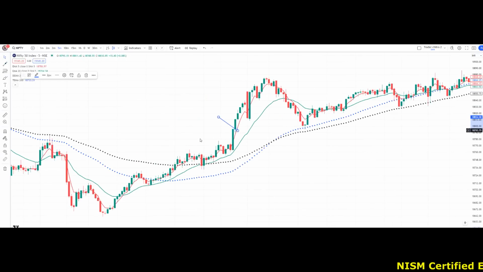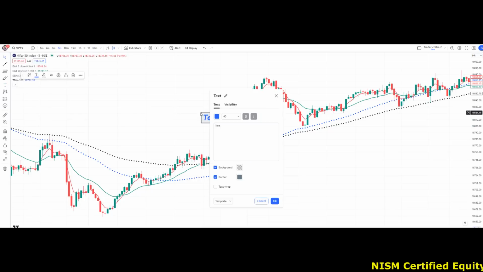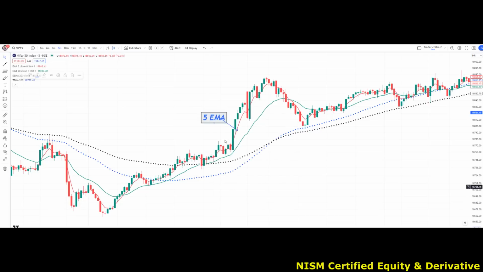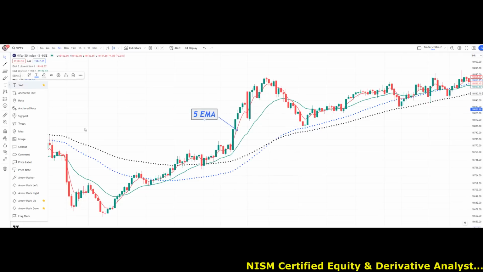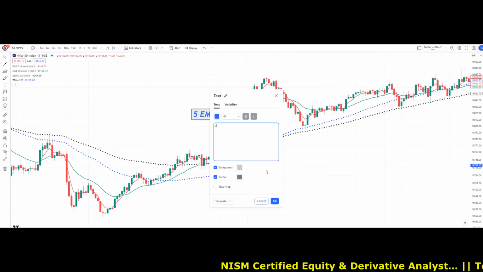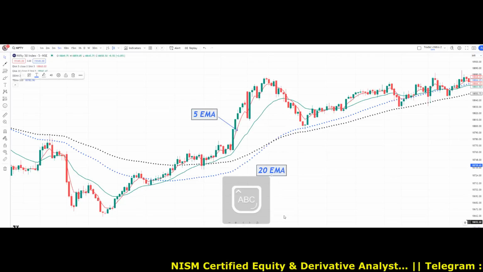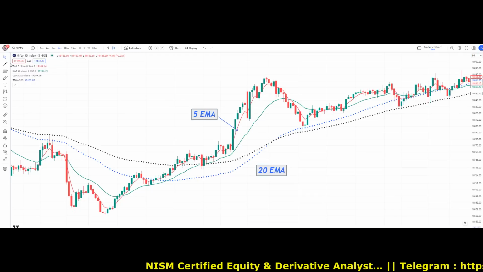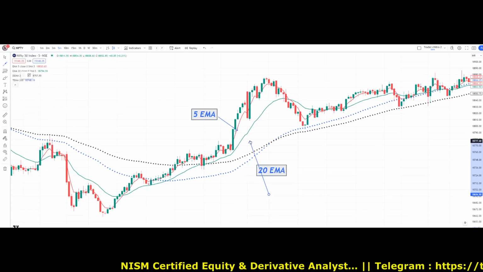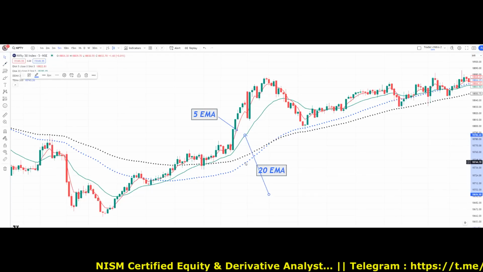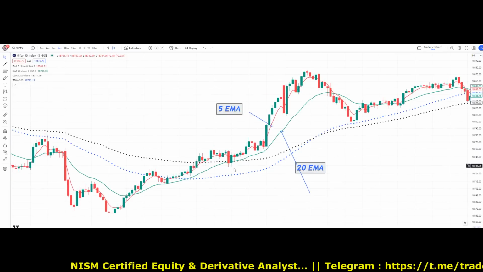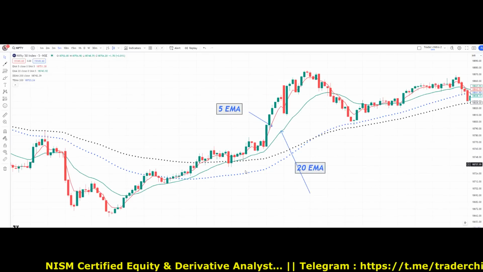I will write down here. The red EMA is the 5 EMA. And this green EMA is the 20 EMA. And we are having 2 more: one is the DMA and the other is the TMA.